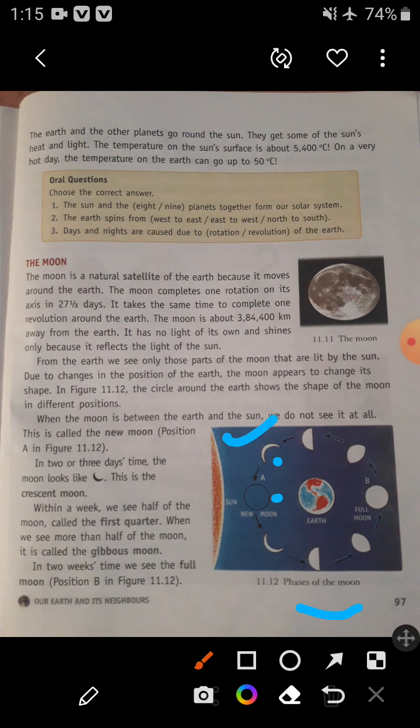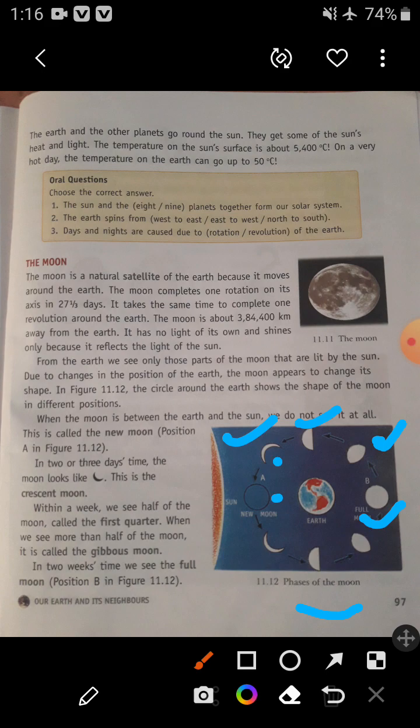Within a week, we see half of the moon like this, called the first quarter. More than half of the moon like this is called the gibbous moon. In 2 weeks' time, we see the full moon like this, position B in figure 11.12.